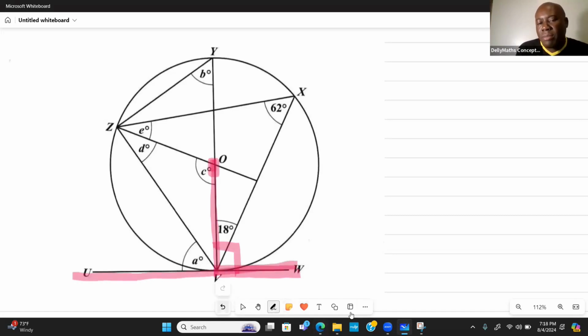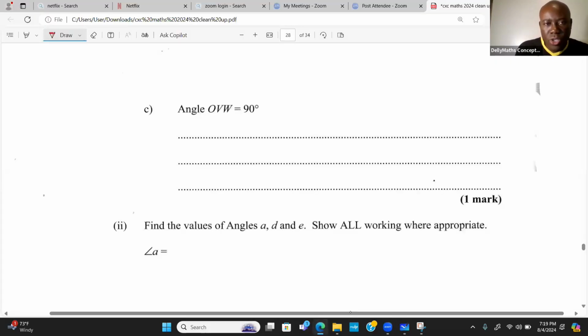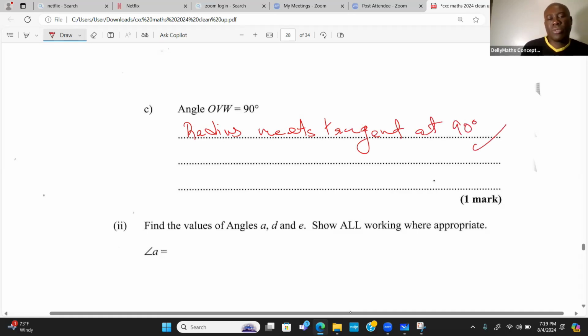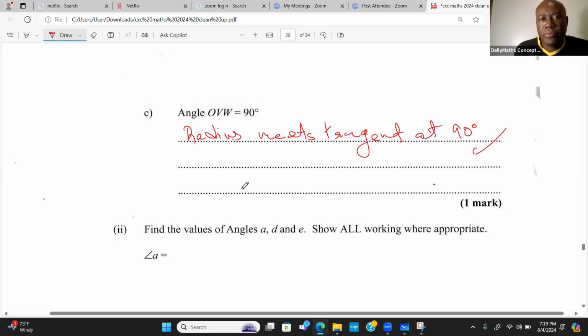A radius meets a tangent at 90 degrees, and that's our justification for that. So the theorem states that a radius meets a tangent at 90 degrees. That's the theorem we're using right there.